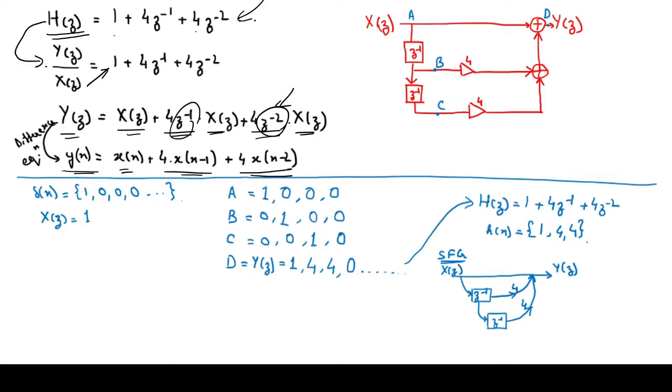So the creation of that algorithm is regarded as the realization of the filter. So over here, this diagram is the realized filter of this equation H(z) equals 1 plus 4z inverse plus 4z to the power minus 2.